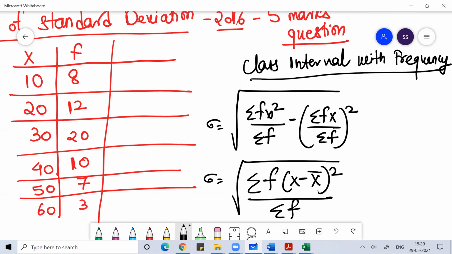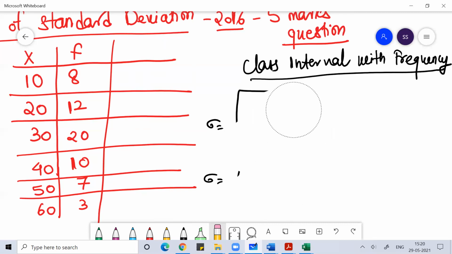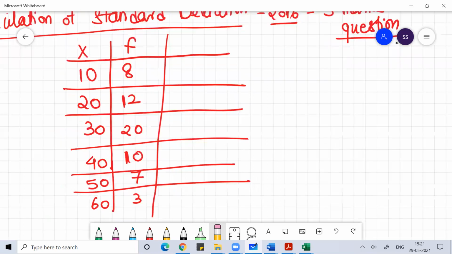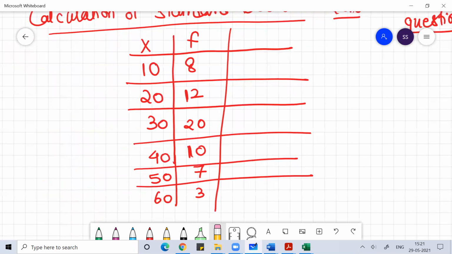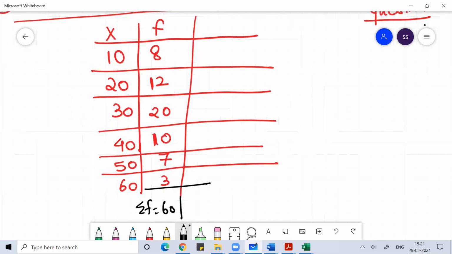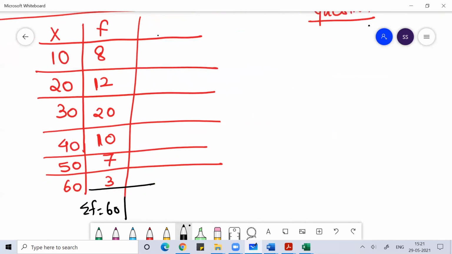Okay. So if I take sum of frequency, 12 plus 8 is 20, 20 plus 20 is 40, 50, plus 10 is 60. Sum of frequency is 60. So find x into f, find fx. So 10 into 8 is 80.